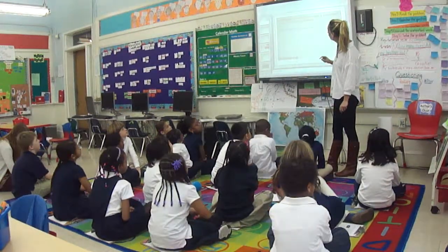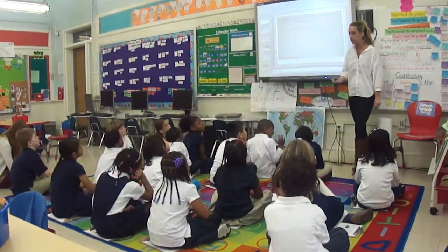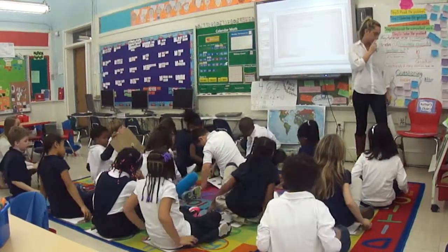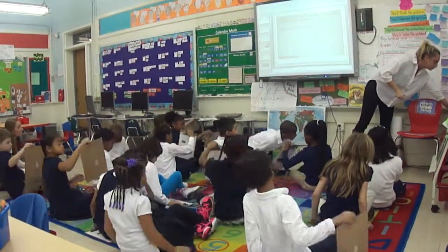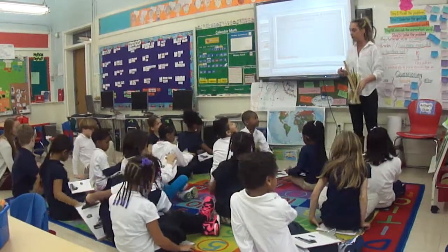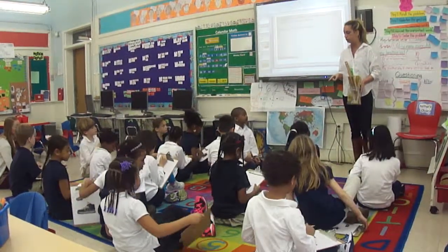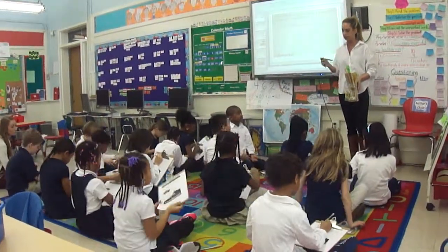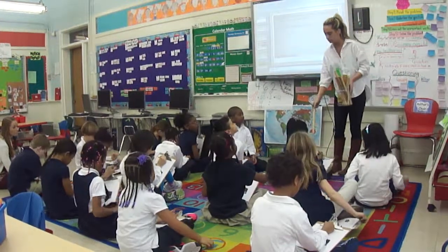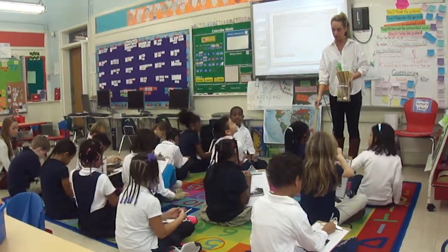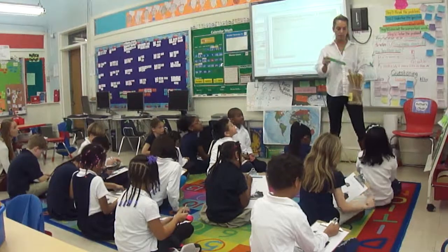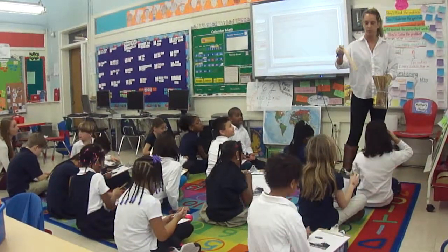So, before we do this, I want you guys to take your clipboards. I'm going to give you all a ruler, and I want you guys to measure both shoes and write down the measurements. Here you go. Your ruler. And write down your measurements.